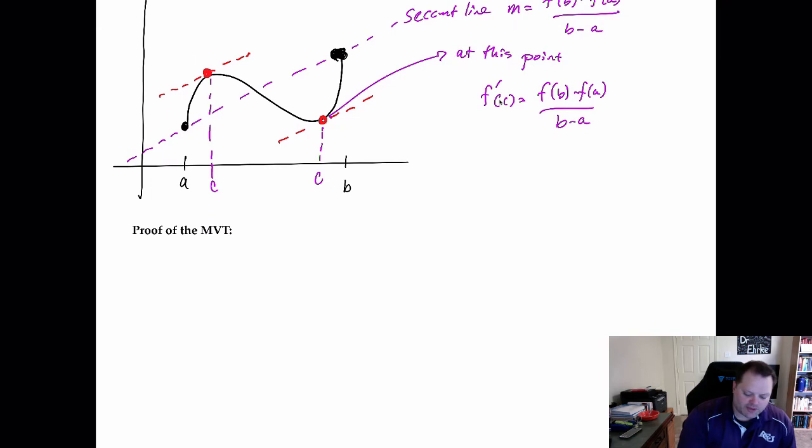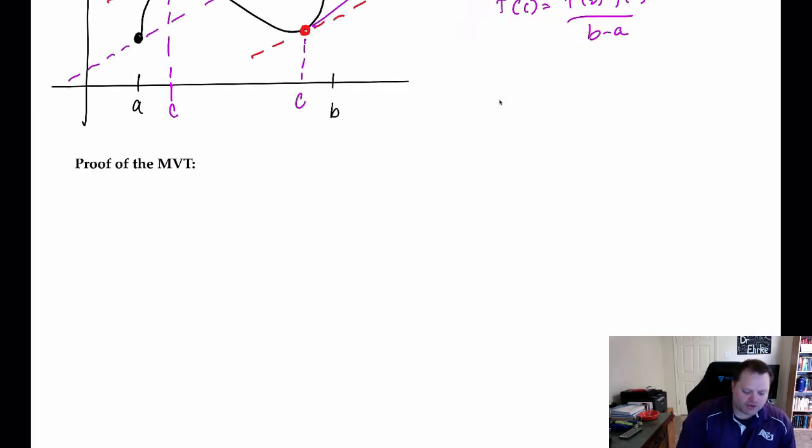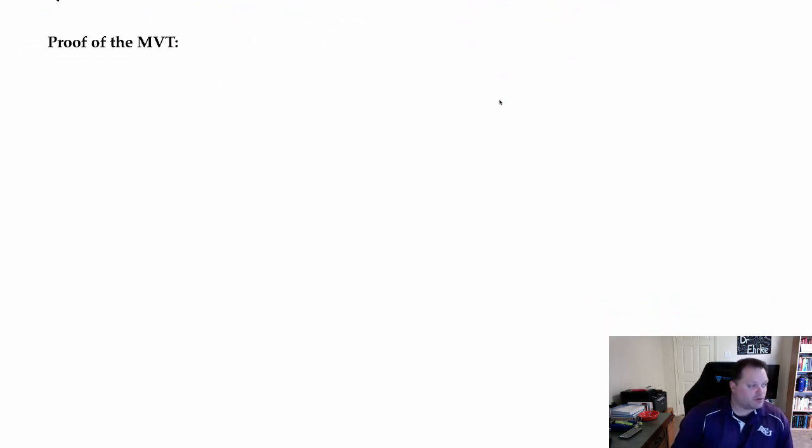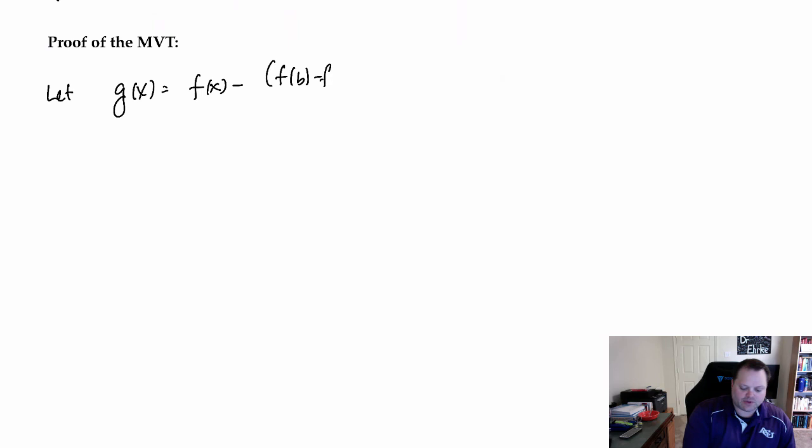So let's actually prove this. It's an important result. It's worth our time to prove it, and the proof is kind of cool. So here's what I want us to do with the proof of this result. I want to introduce a new function. So I'm going to let the function g of x be equal to f of x minus, and I think you'll recognize what's going on here pretty quick.